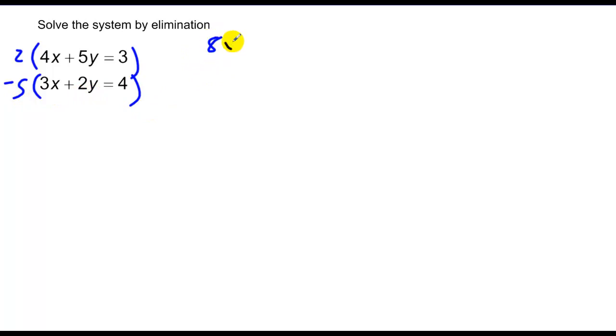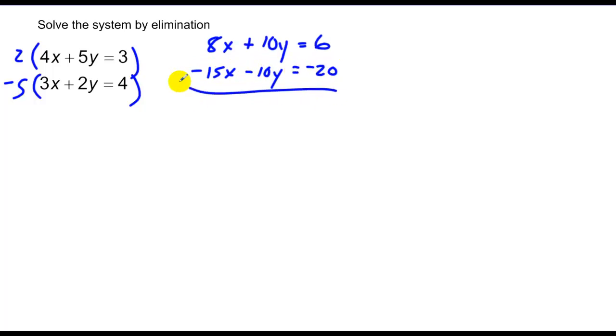Therefore 8x plus 10y is equal to 6. Negative 15x minus 10y equals negative 20. Negative 7x equals negative 14, and x equals 2.